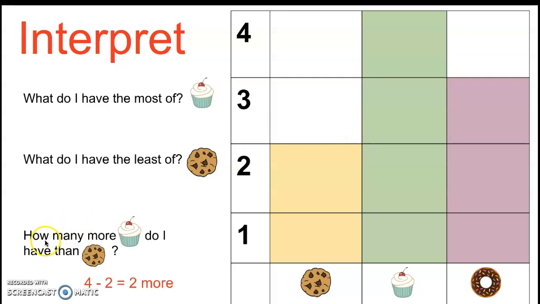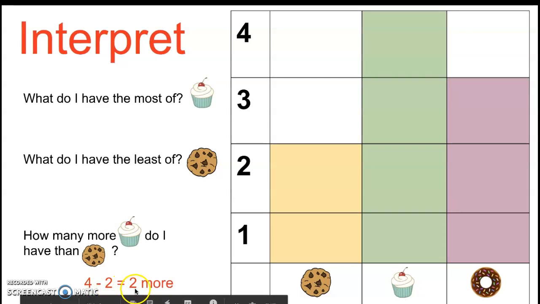Now let's think about the question, how many more cupcakes do I have than cookies? Do you know? I know I have 1, 2, 3, 4 cupcakes, and I have 2 cookies. So I can write this as 4 minus 2 to figure out what the difference is.